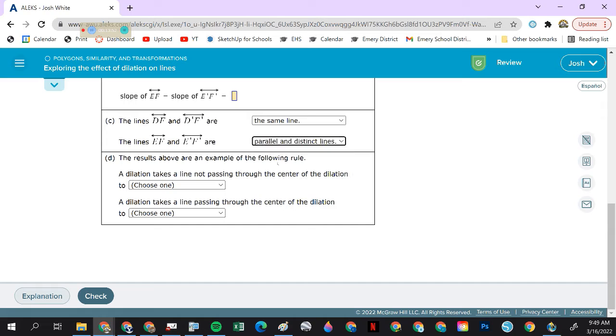They are parallel and distinct. So, what is the rule we just learned? A dilation takes a line not passing through the center of dilation to a parallel and distinct line. A dilation takes a line passing through the center of dilation to the same line.